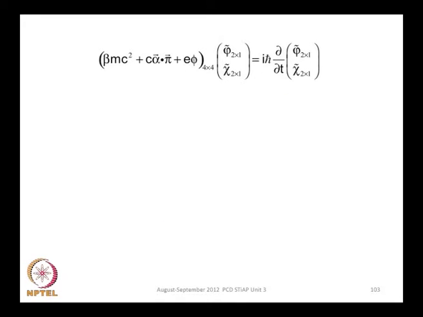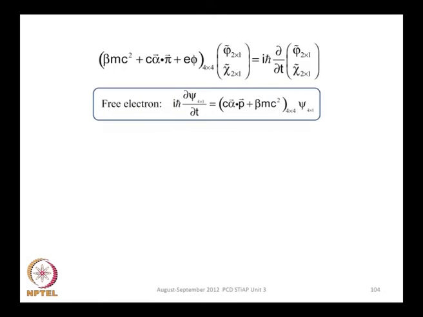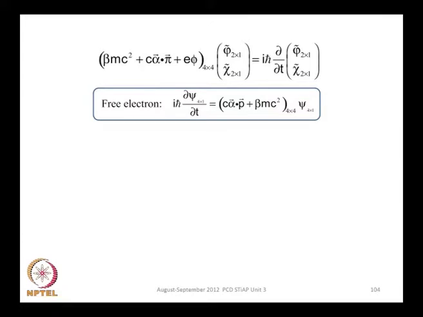So, let us begin with this c alpha dot pi plus e phi, and to illustrate the method we first take a very simple case, which is the case of a free electron. So, the vector potential and the scalar potential phi do not appear in our equation of motion. So, the Hamiltonian is just c alpha dot p plus beta mc square.